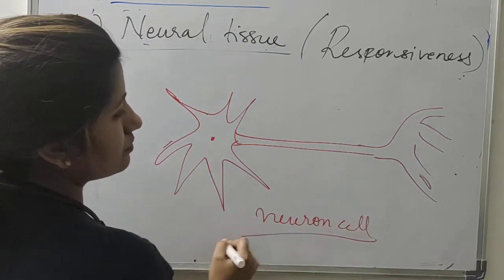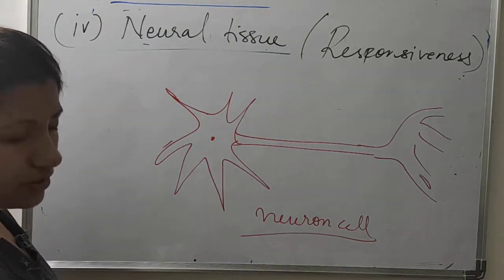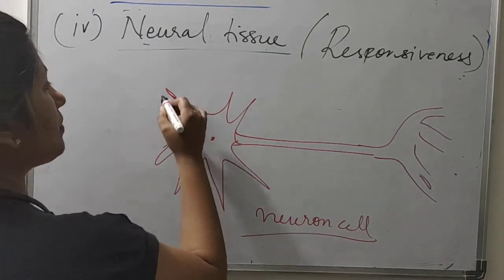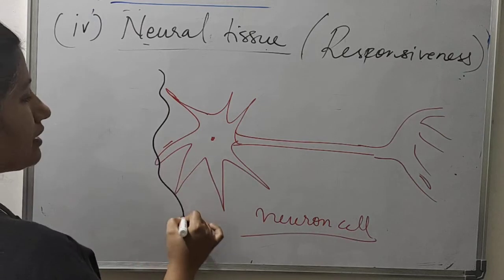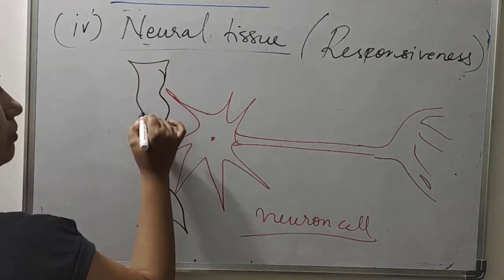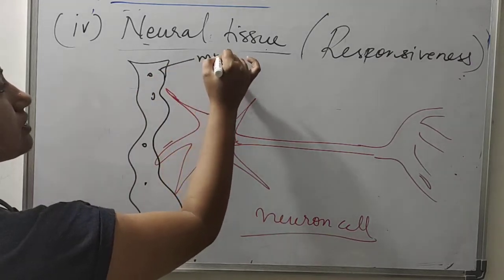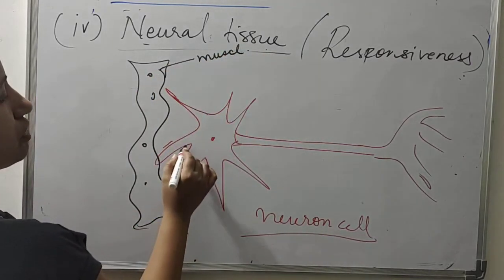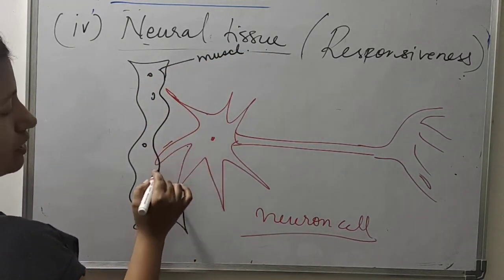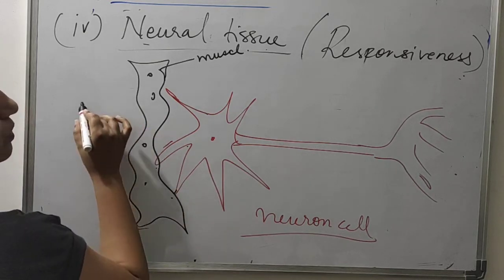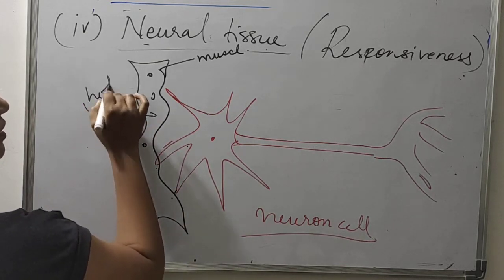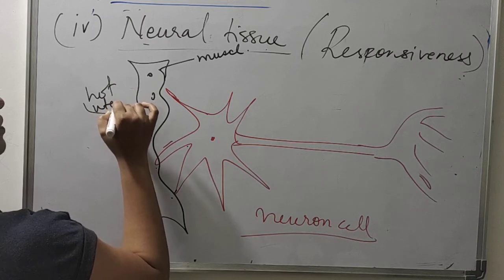This is how a neuron cell is. Okay. So, this neuron will be attached to our muscles, to our blood vessels, to our body tissue. Suppose this is our muscle cells. Neurons will be attached here to our muscles. So you have touched a hot utensil.